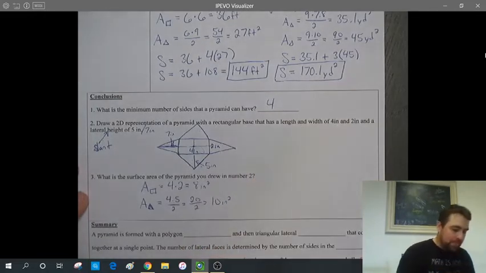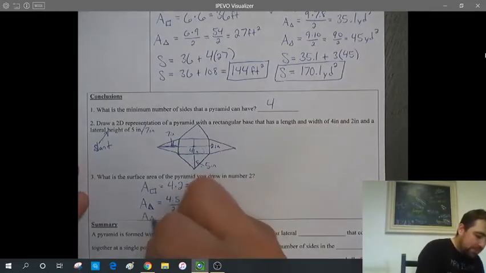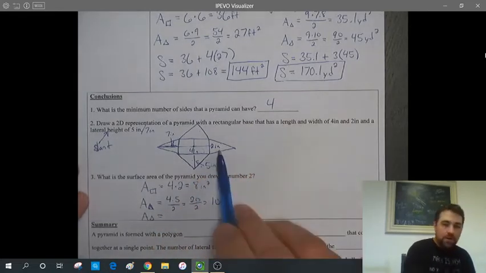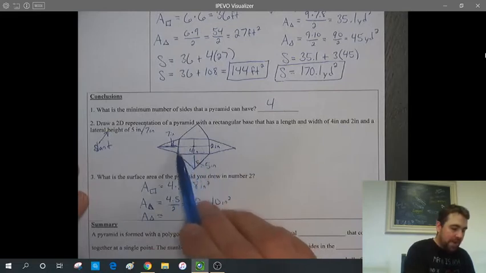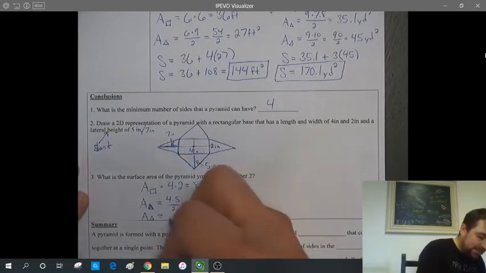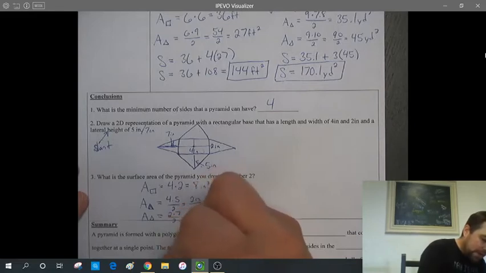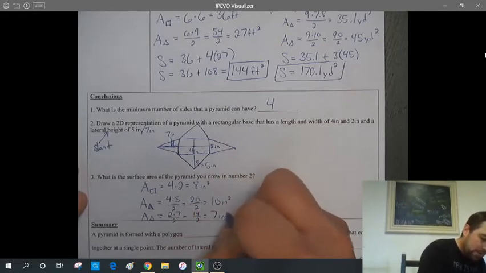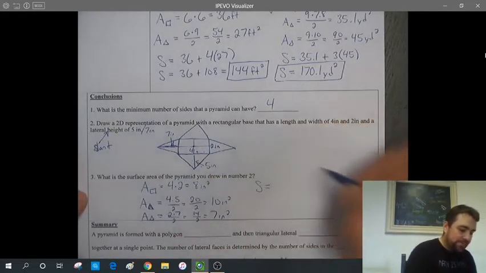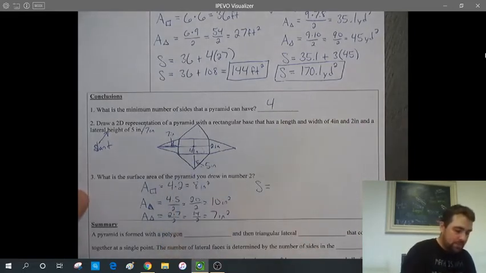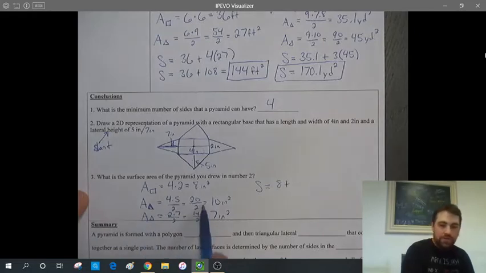And then we have to find the area of our left and right triangles here. They have a base of 2 with a height of 7. So it's going to be 2 times 7 divided by 2 for those, or 14 divided by 2, or 7 inches squared. So total surface area then, one base, which is our rectangle, so that was 8, plus we have 2 of each of these triangles, right?